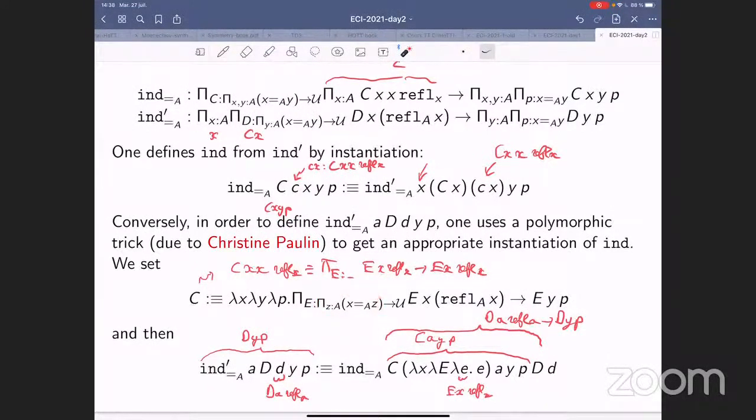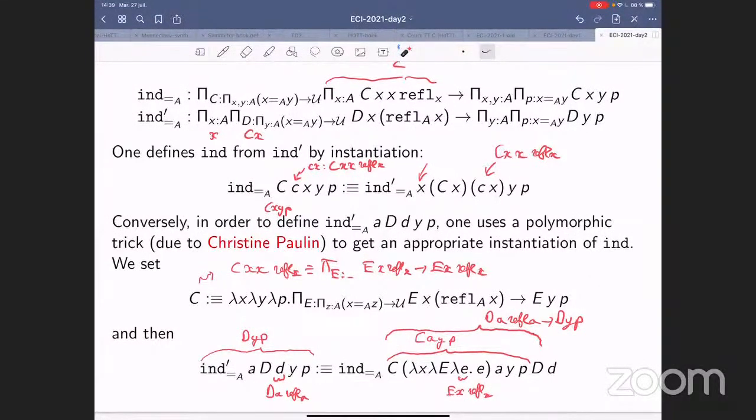But instead of taking D, I take a variable D. This is why I call it E. So my C is this type, which is the type of functions that take a type family like this, and return this function type, which is, well, Ex reflex to Eyp.